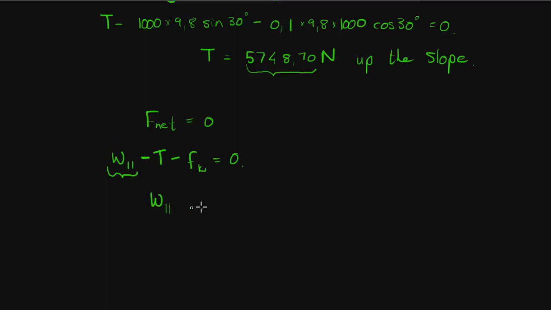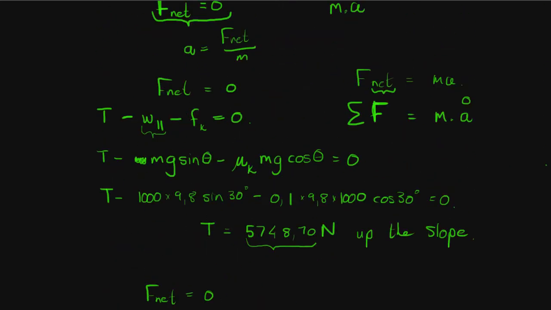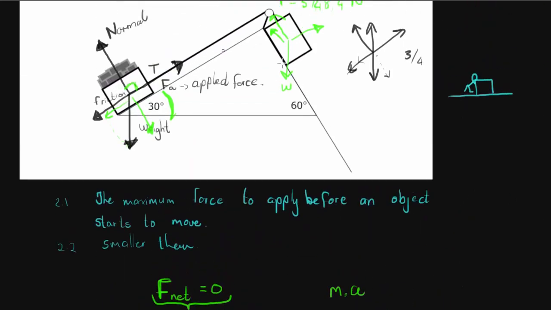Well, now the weight parallel to the surface will have to be equal to the tension in the rope and the frictional force in this case. So this is 5748.70. That's what I need in order to pull up the next load at a constant rate, plus I need to overcome my own friction as well.